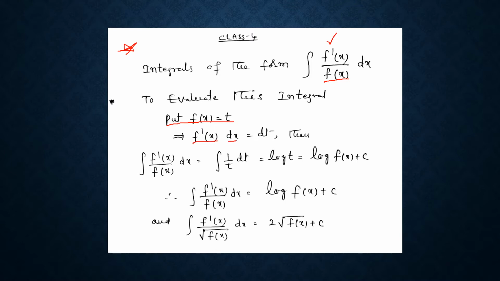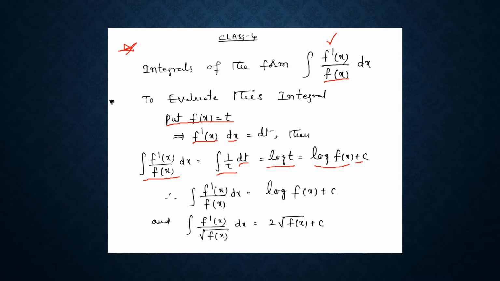So the given integrand becomes integral f dash x by f of x dx is equal to integral 1 by t, because 1 by f of x means 1 by t, and f dash x dx can be written as dt. You know that integral 1 by x dx is equal to log x. Similarly, integral 1 by t dt is equal to log t. Here t means f of x, so the result is log f of x plus c.